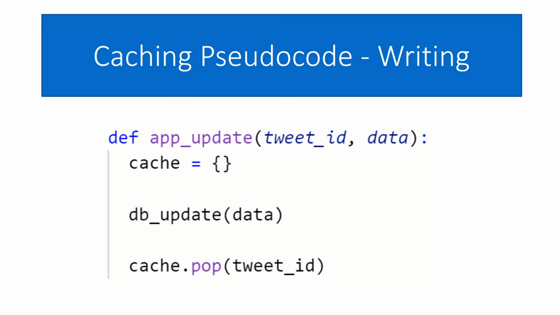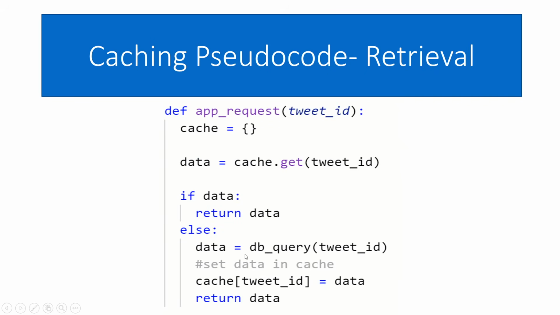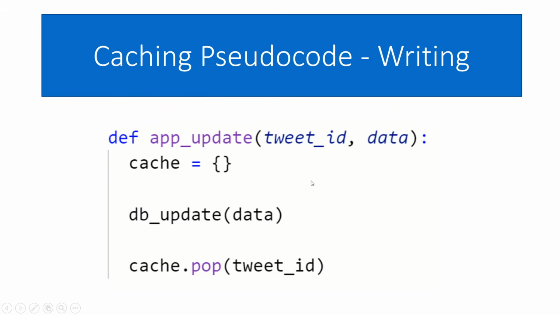But what that is, is that we don't want users seeing the old version of the tweet or whatever data we just updated, so we remove it from the cache so that the next request will re-grab that from the database, and that way we're not getting old data for our users.